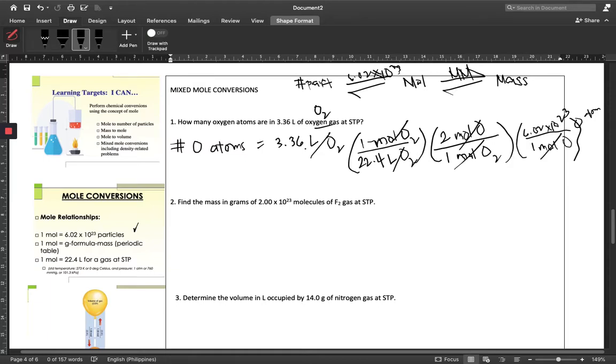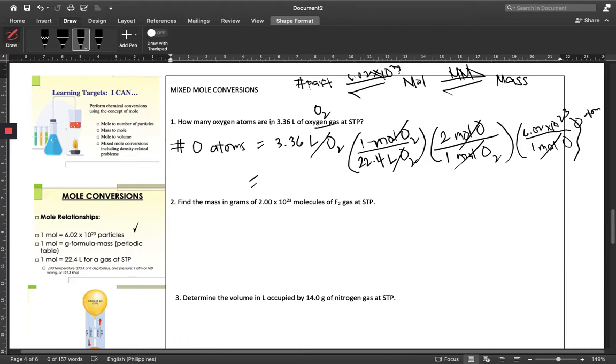If we carry out the operation now, that is just 3.36 divided by 22.4, times 2, then times 6.02 to the power of 23, then we get atoms.